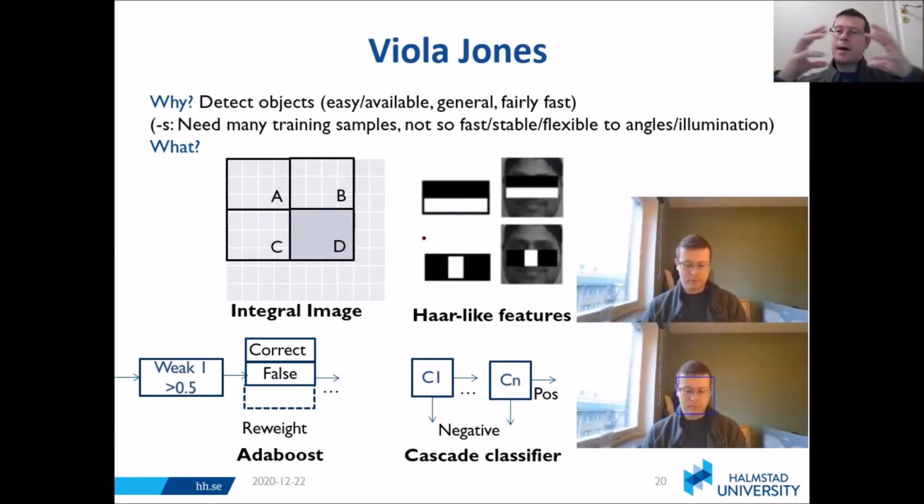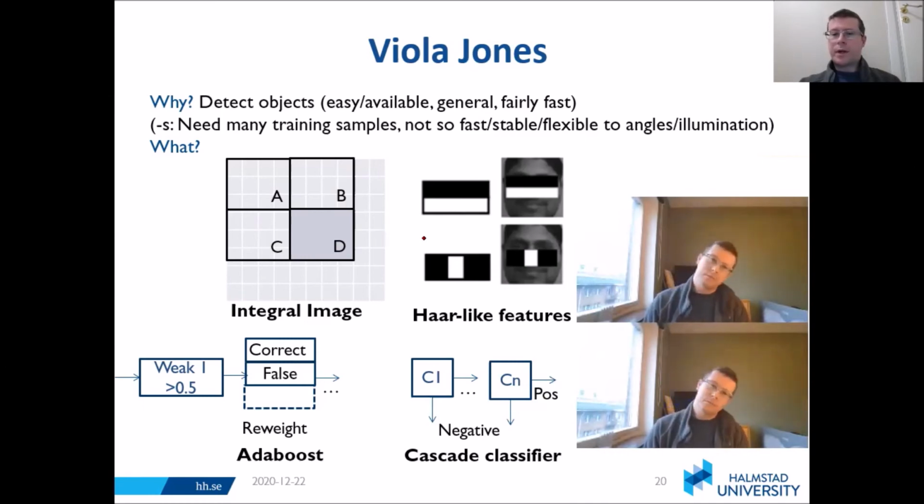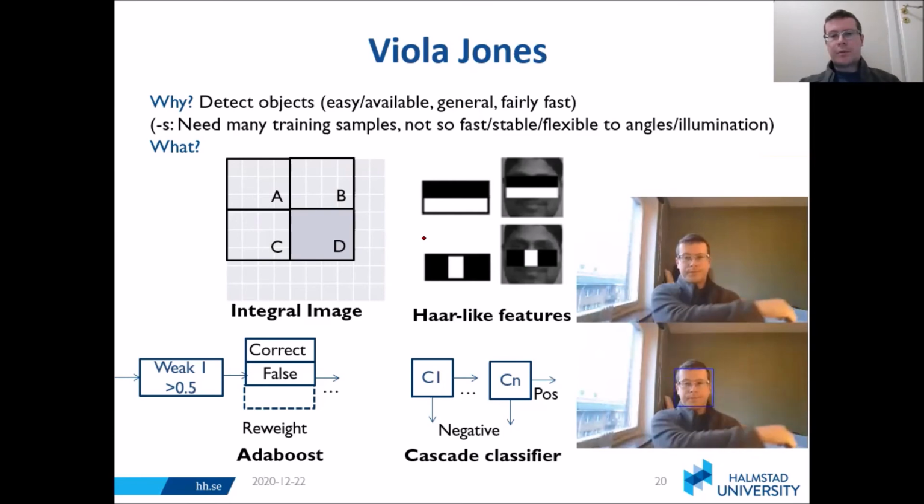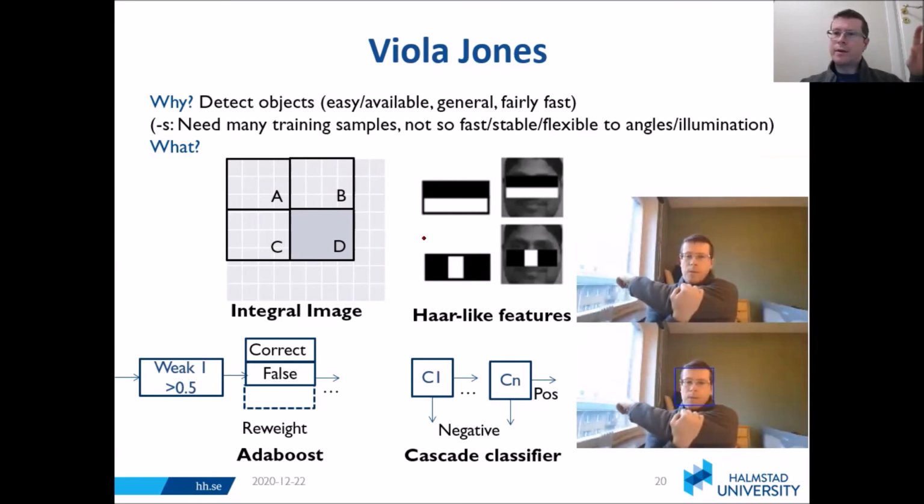And then by adding all of these weak learners together, allowing them to vote, you will get a good classification. Now, they took it even further and organized several boosting learners in a cascade so that they can reject false samples very fast.